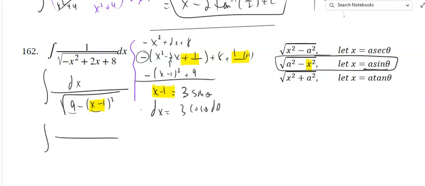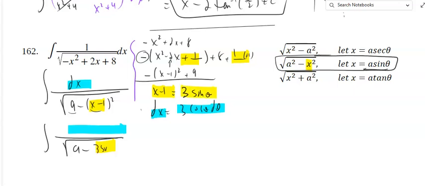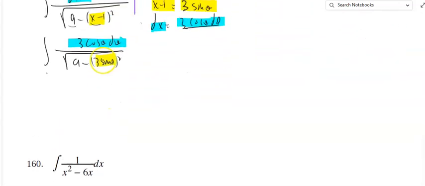Let's see what we did. We have a square root, 9 minus, and I replaced all of the x minus 1 by 3 sine of theta squared. And the x would be all of this, whatever that is. And this is 9 sine squared of theta.